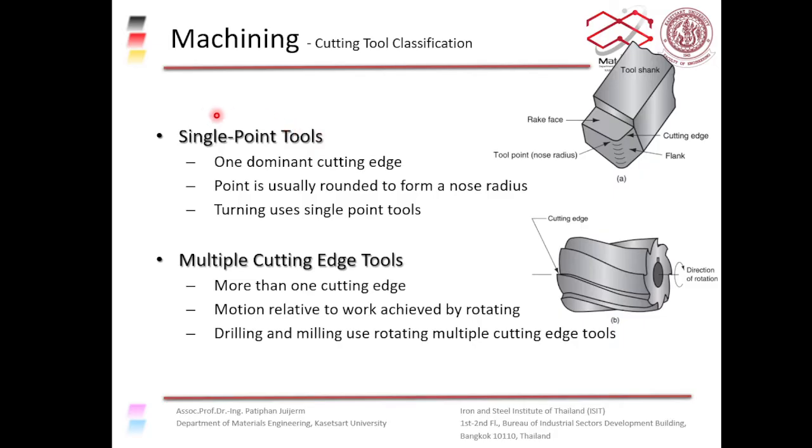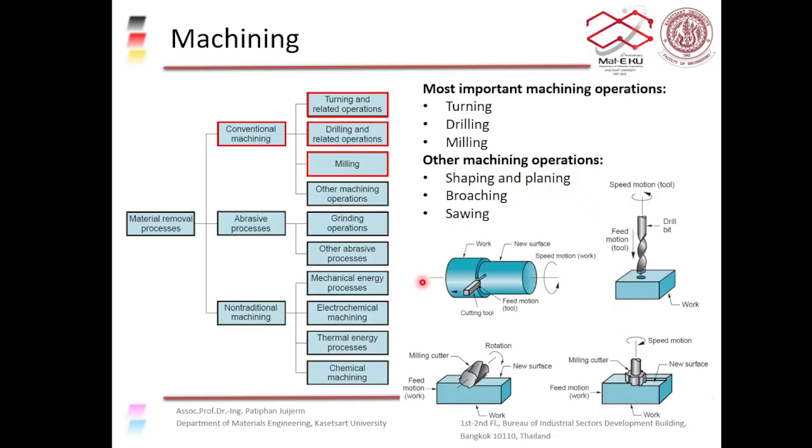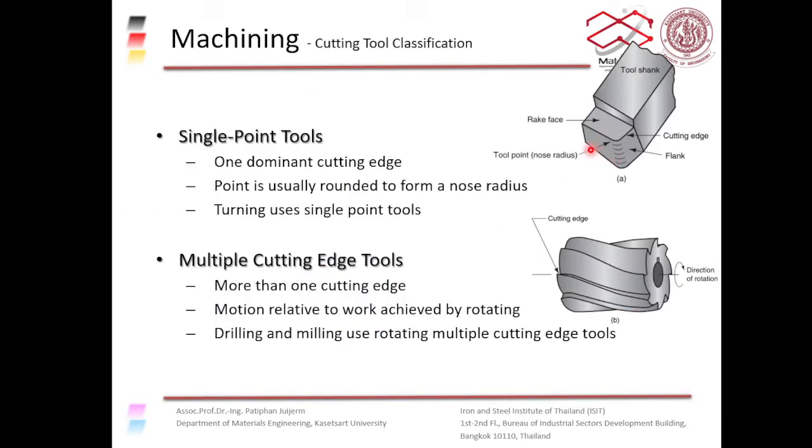Single point tools are used in the turning process mainly. So basically you're turning your workpiece and using the single point cutting tool to cut away on the surface. For multiple cutting edge tools, we usually use these cutting tools for milling and drilling processes. Usually, you have more than one cutting edge.